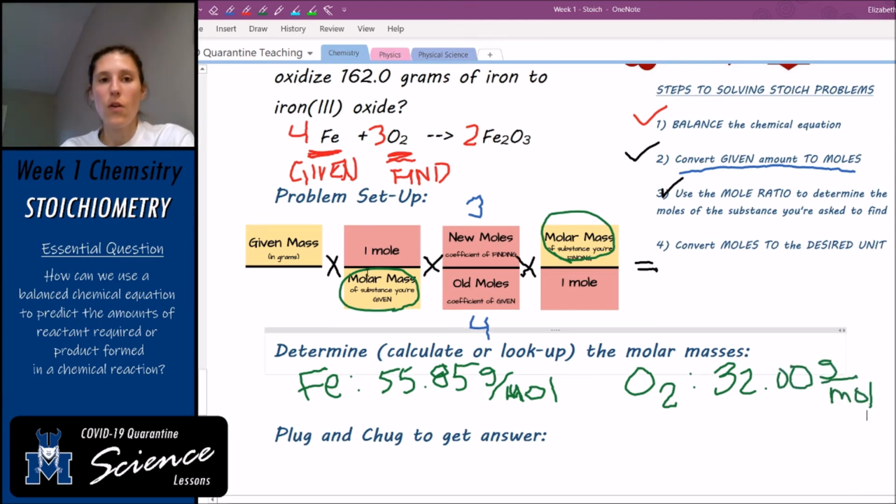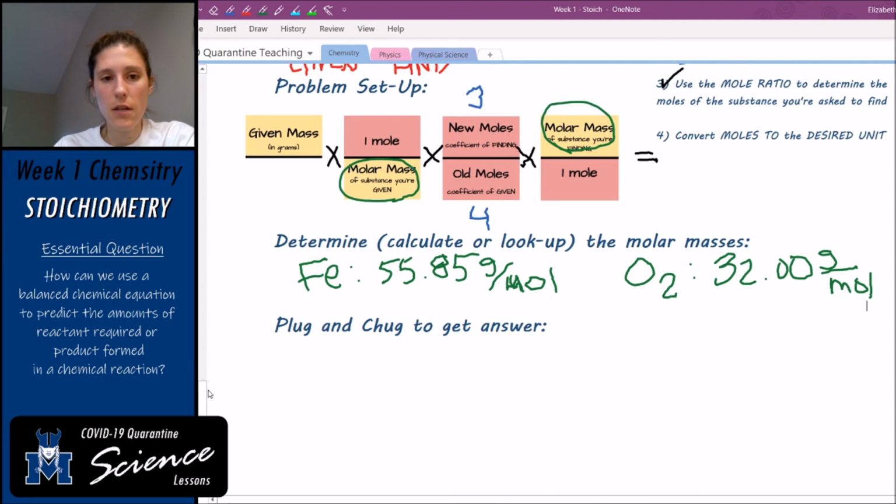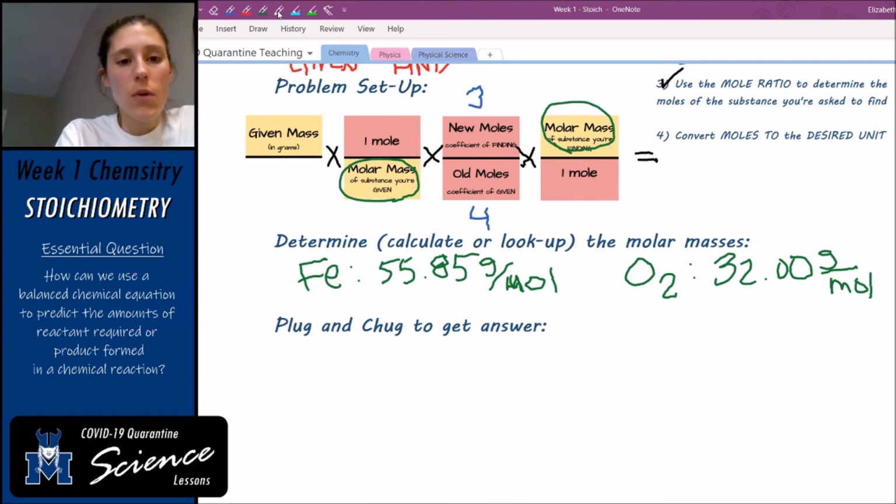Okay. So the last thing I have down there, it says plug and chug to get your answer. So now you're going to use your problem setup and your molar masses that you just wrote down to actually solve the problem. Okay. So this one gets a little long. I'll try to write a little smaller, but it gets pretty messy when I do that. So we're going to start with what we were given.